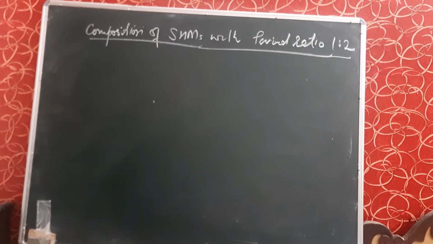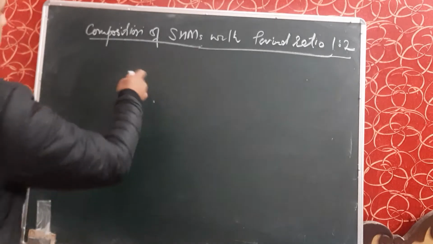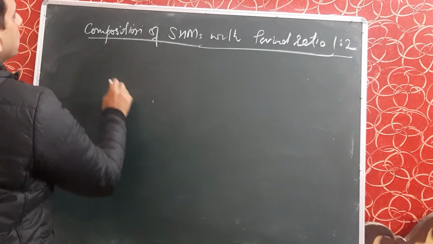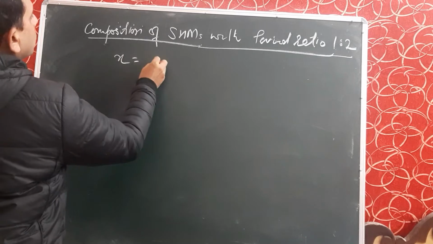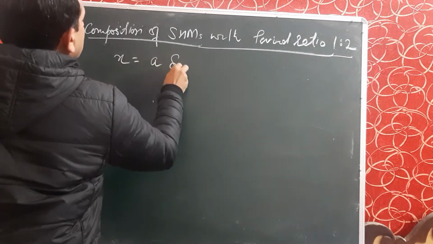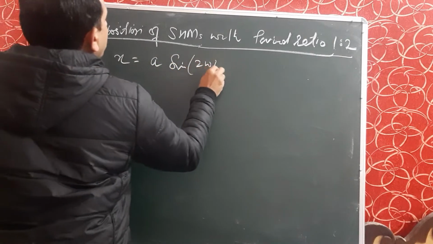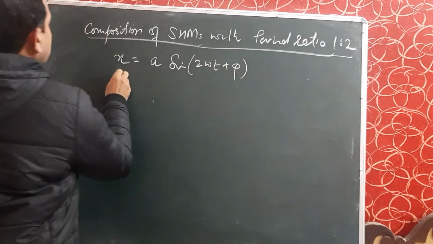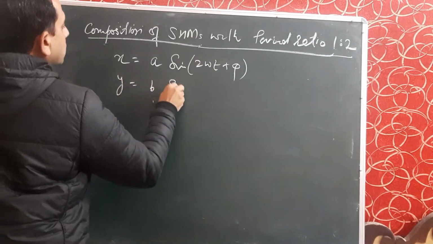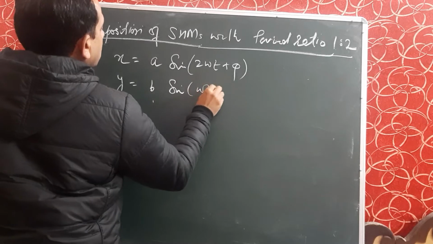It means the frequency of one oscillator is omega and the frequency of the other oscillator is 2 omega. So it is very clear from the topic that x is equal to a sine(2 omega t plus phi) and y is equal to b sine omega t.